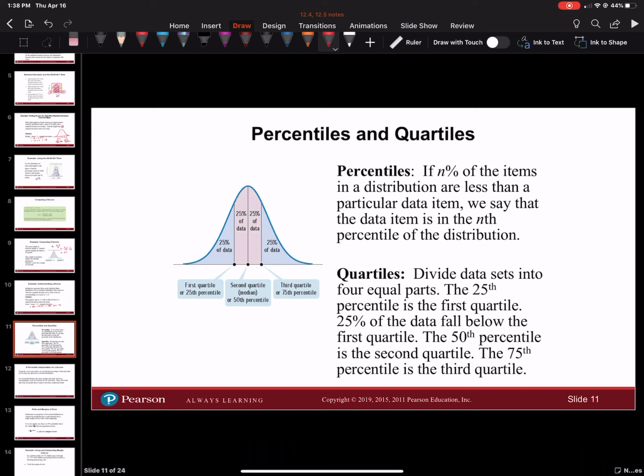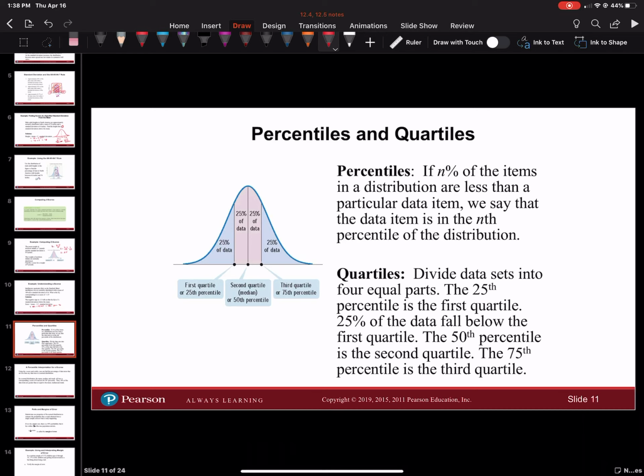All right, percentiles and quartiles. It says if n percent of the items in a distribution are less than a particular data item, we say that the data item is in the nth percentile of the distribution. Quartiles divide the set into 4 equal parts. The 25th percentile is the first quartile. 25% of the data falls between the first quartile.